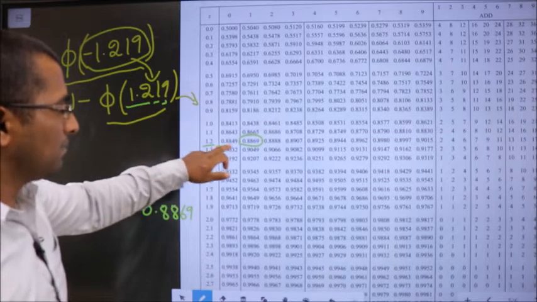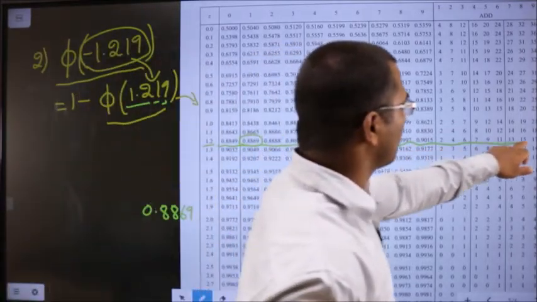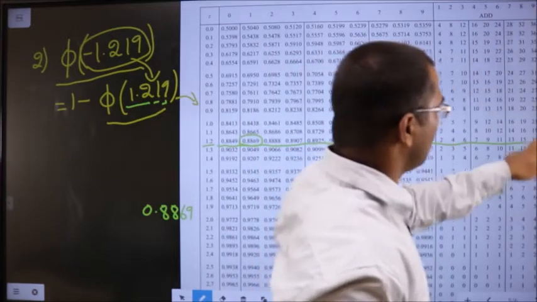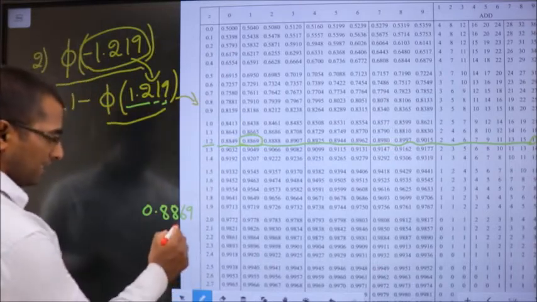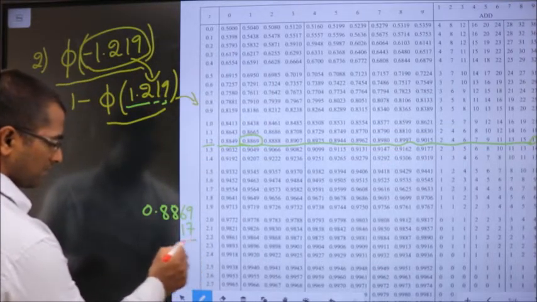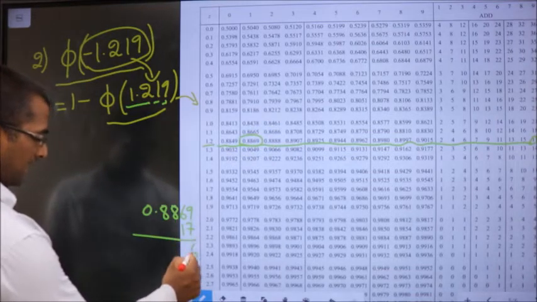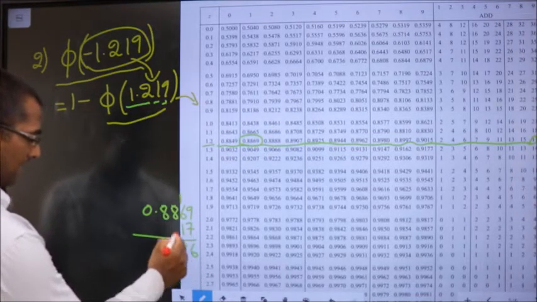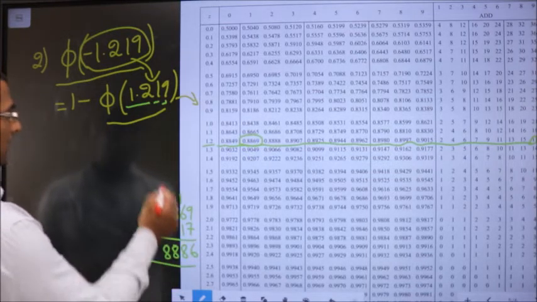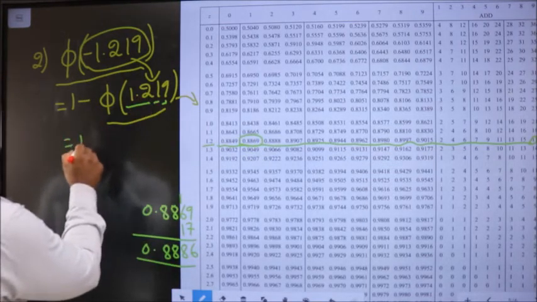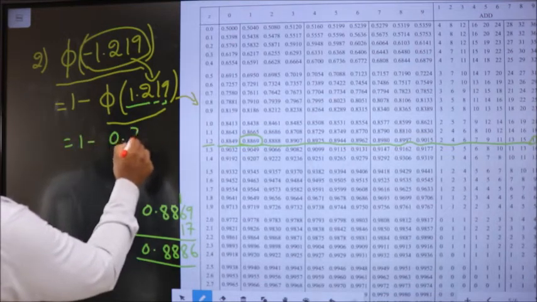So in the same row, where do you come across 9 over here? 9 is here, the value is 17. So add 17 to the last digits. So how much will it give us? 9 plus 7, 16, 1, 6, 7, 8, 8, 8. So value of this that we got from the table is 0.8886.